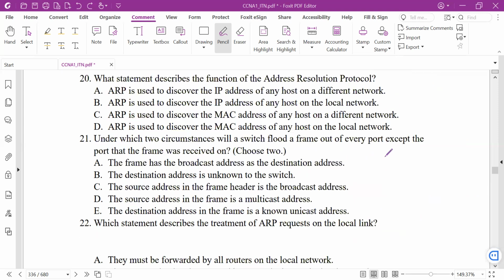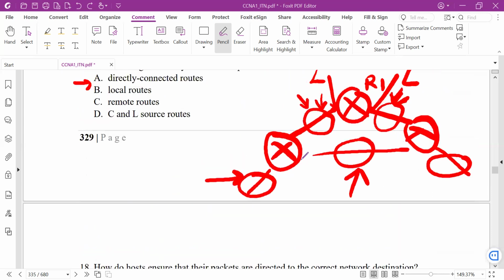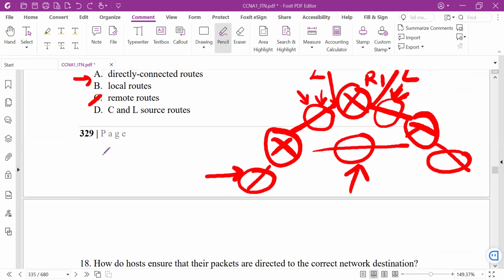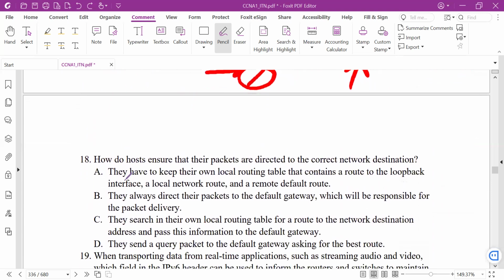We're on number 17, I think. For 17, I said remote routes. Tick remote routes. Then for 18, how do hosts ensure their packets are directed to the correct network?